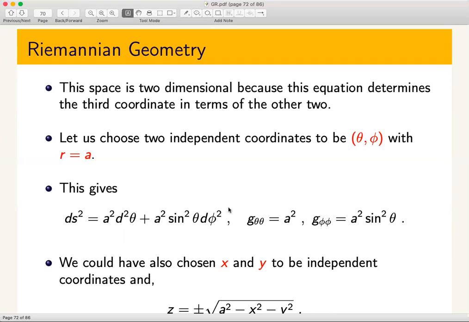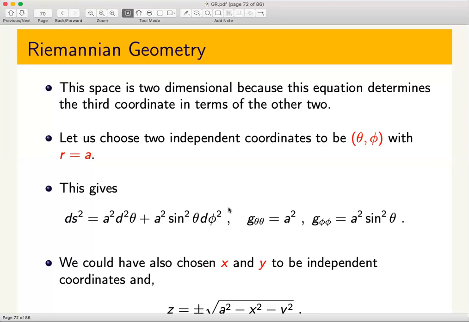That tells you that the sphere is actually two-dimensional, because you really need two coordinates to specify any point on the sphere. For example, on the surface of the earth, if you want to fix a particular point, all you need to do is give the value of the latitude and the longitude of that point, and with the latitude and longitude you can pinpoint its position on the surface of the earth.